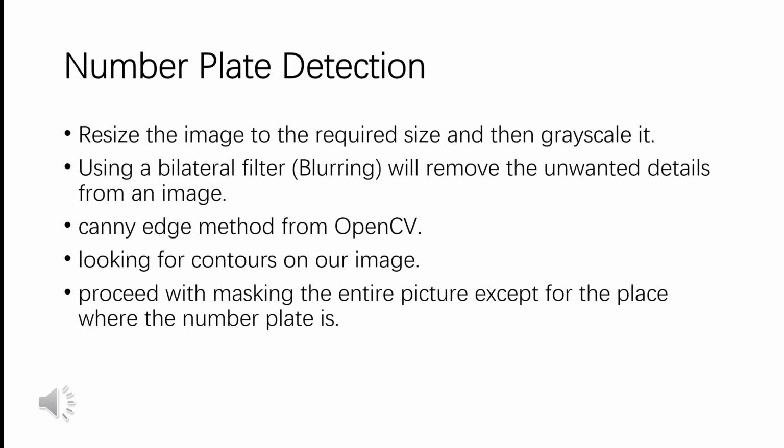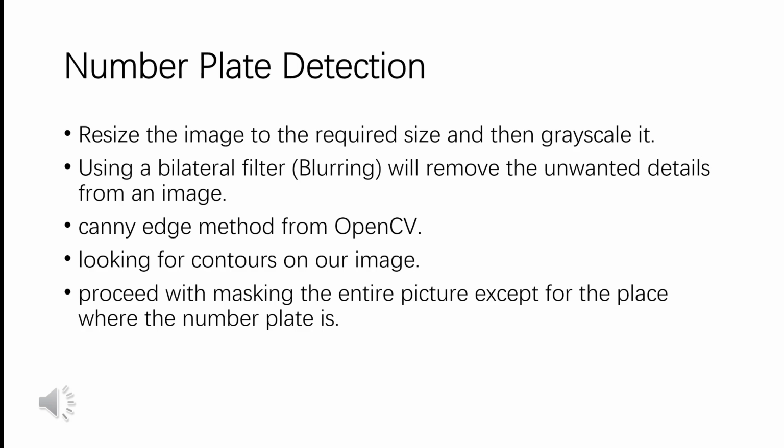So for the second step, every image will have useful and useless information. In this case, for us, only the license plate is useful information, and the rest of them are pretty much useless for the project. So this useless information is called noise.